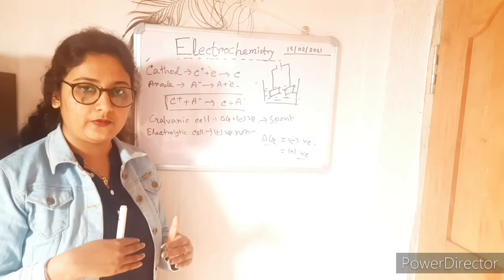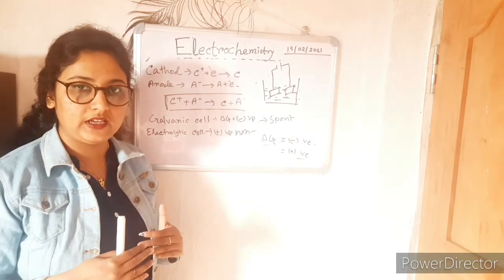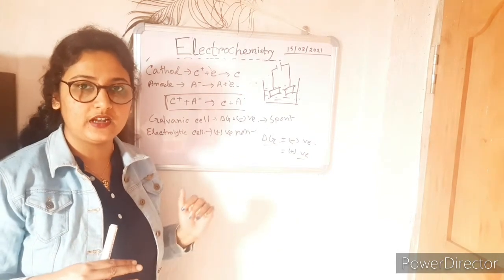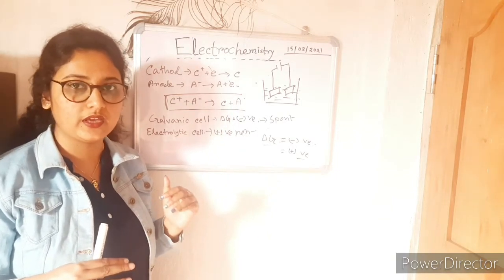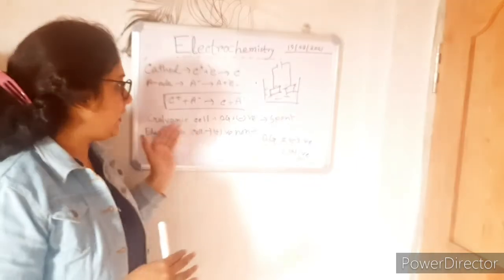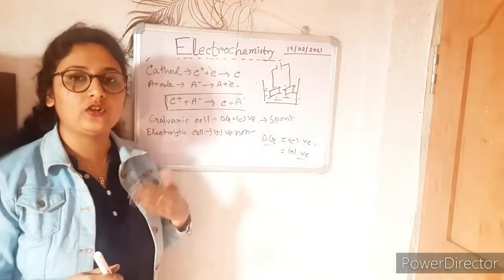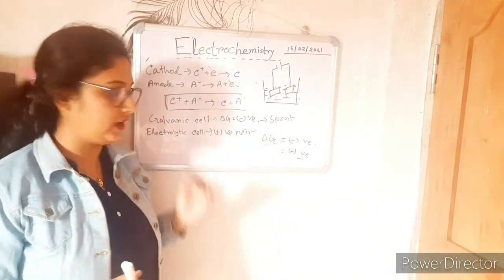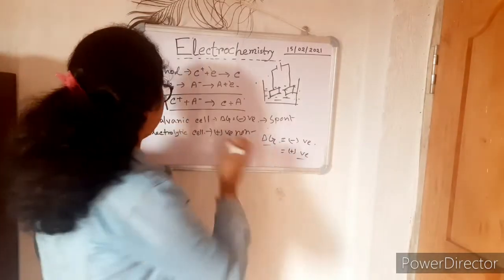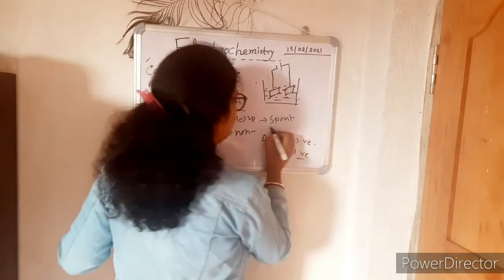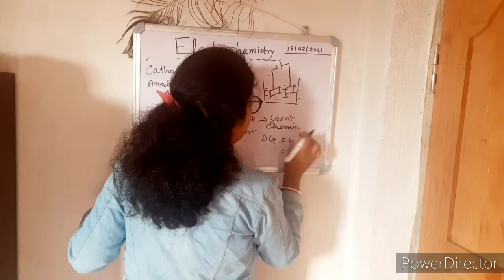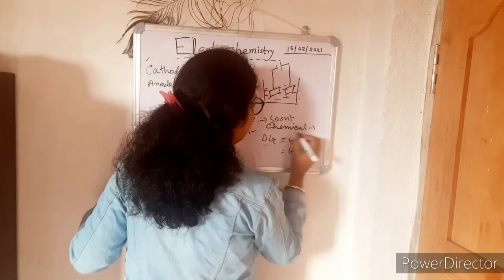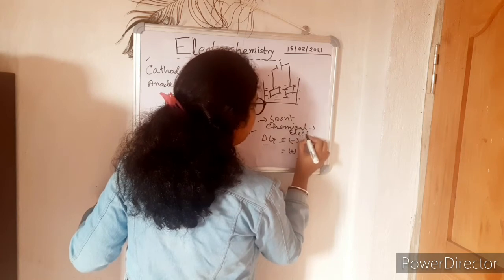For this flow of electrons, you don't need an external electric source. That's why here the chemical energy will convert to electrical energy.